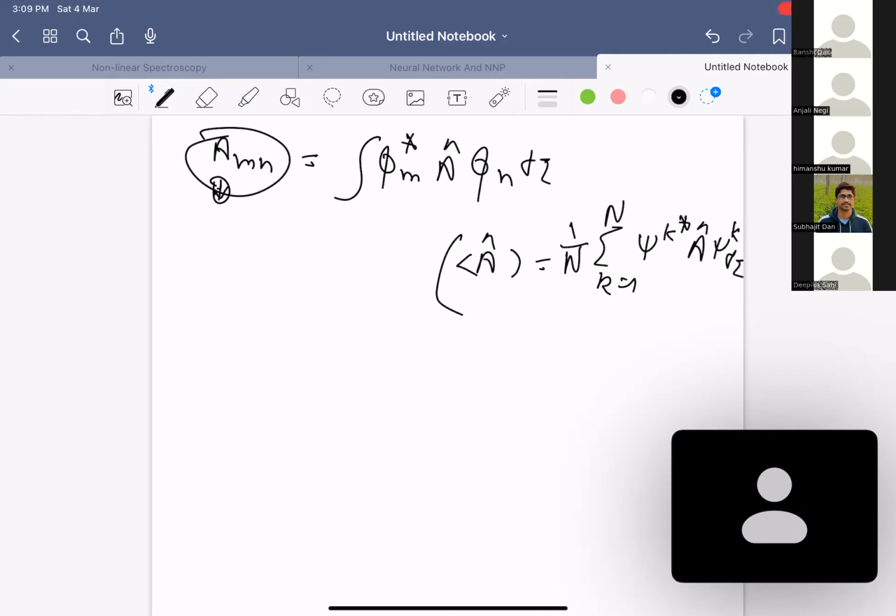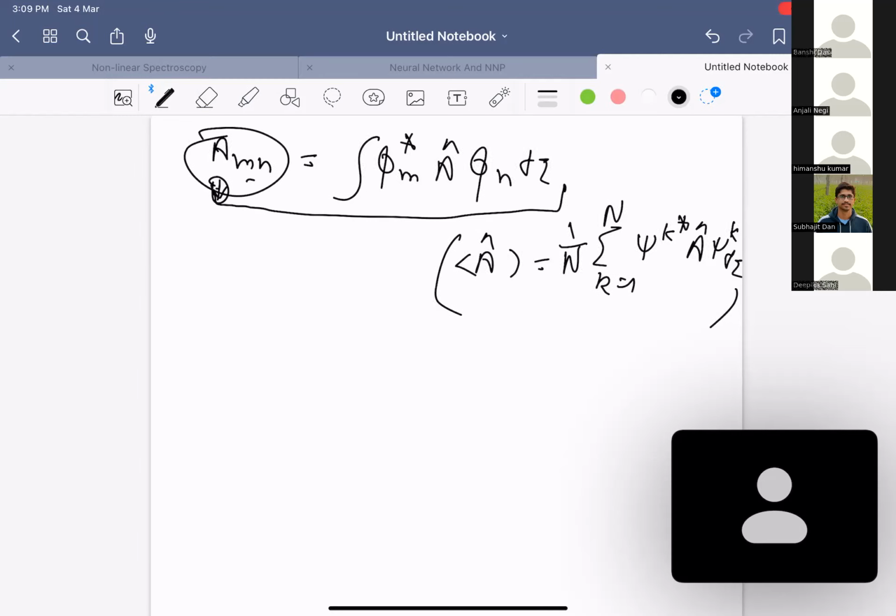So these amn are the matrix elements of the operator a, and now define this rho mn, which is 1 by n.